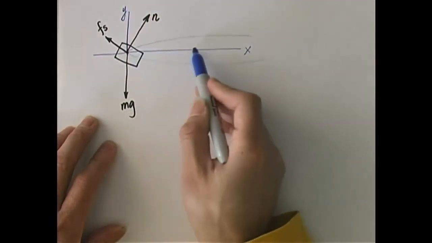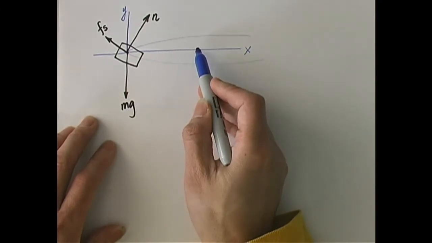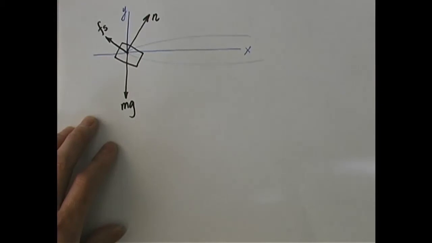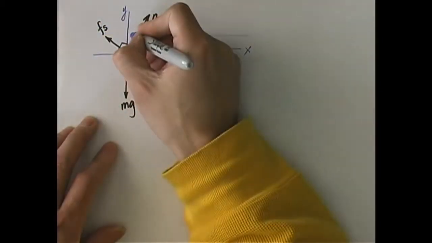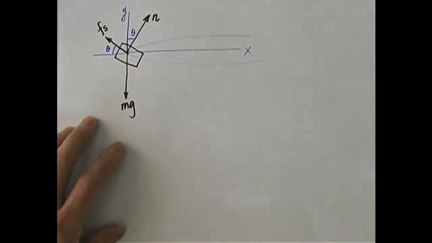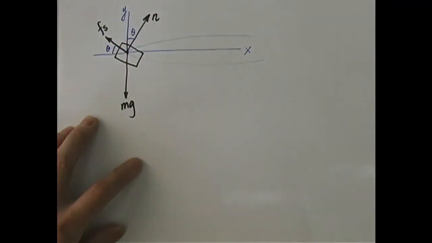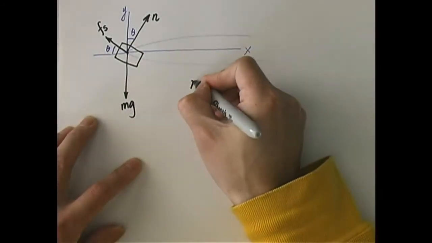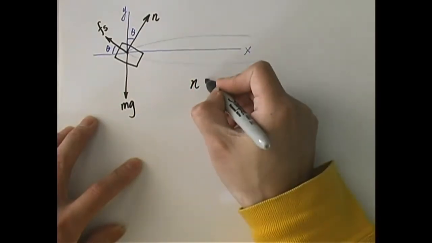So that along the x direction, I have the net force being equal to the centripetal force. In the y direction, I have the net force being equal to 0. Alright, so I have n. This angle is theta, so is this angle. Let us apply Newton's second law again. In the horizontal direction, this time, I have n sine theta.